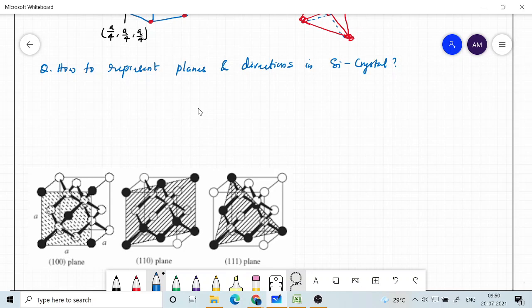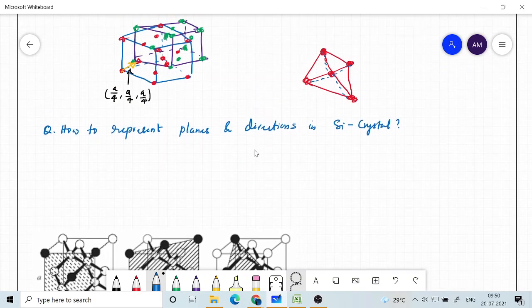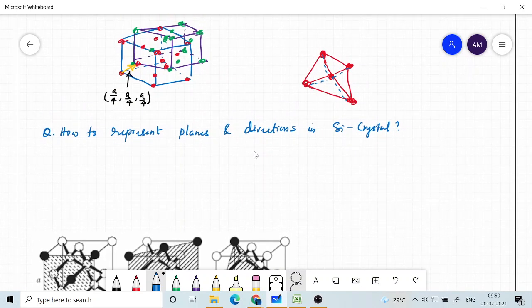For example, if you want to represent a direction, then you take a vector pointing in a particular direction, and then that vector will have some components like x component, y component, z component, and each of those components we will take and represent in terms of lowest integer. Okay, so that is how we represent the direction in the crystal.